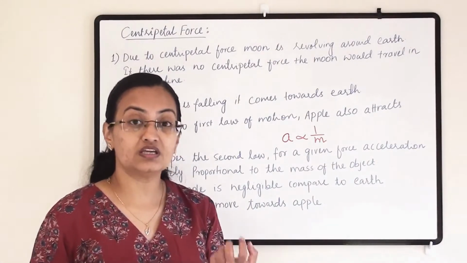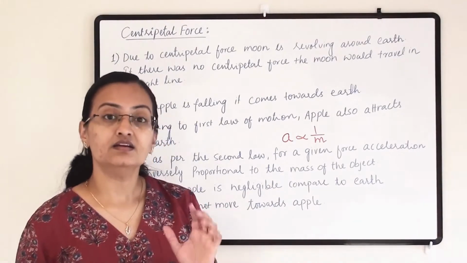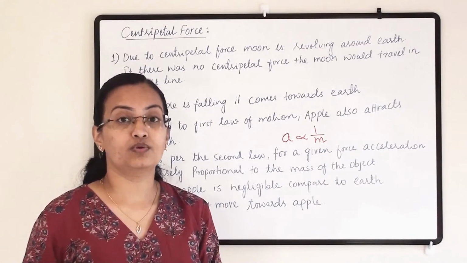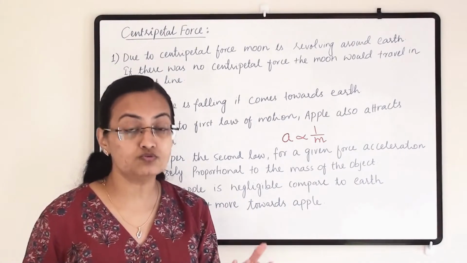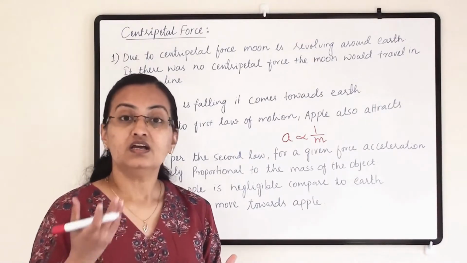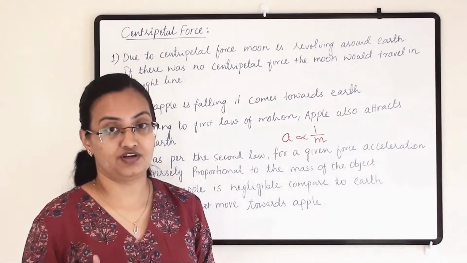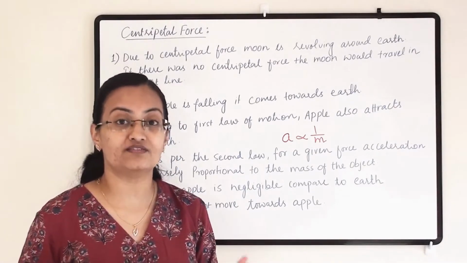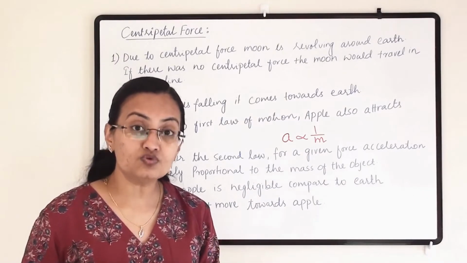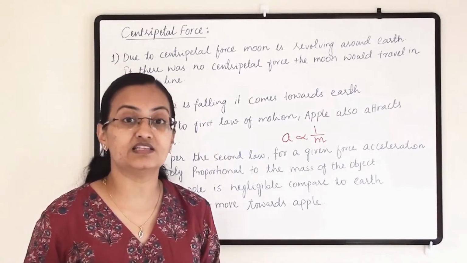The moon revolves around the earth because of the centripetal force, but the earth is not revolving around the moon because the moon's mass is negligible compared to the earth. So the earth's attraction force is higher compared to the moon's. The moon also attracts the earth and the earth also attracts the moon, but the moon's effect is negligible because its mass is far less than the earth's.